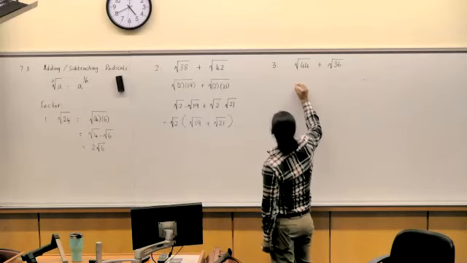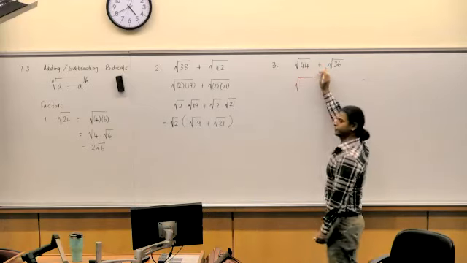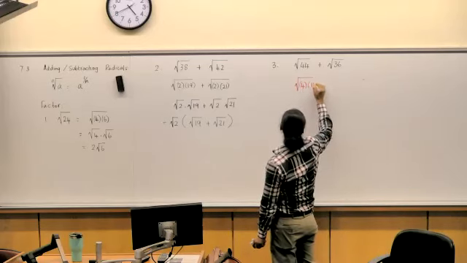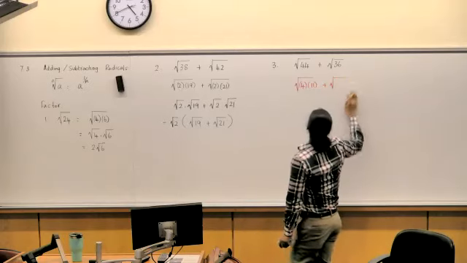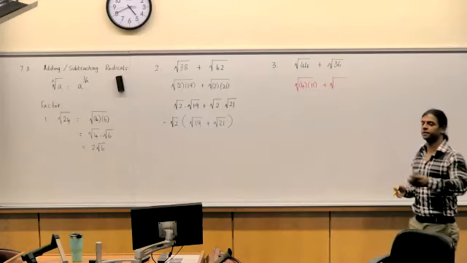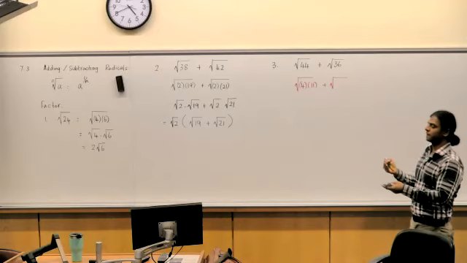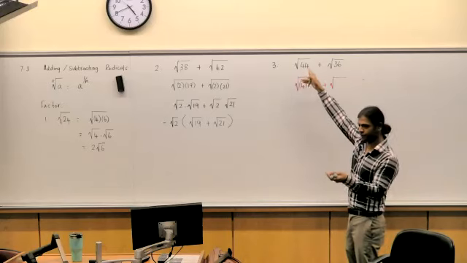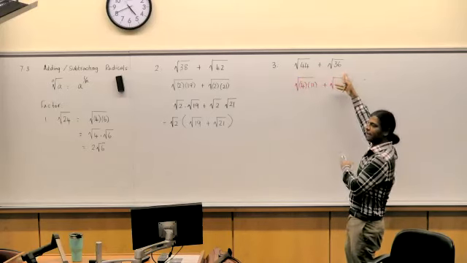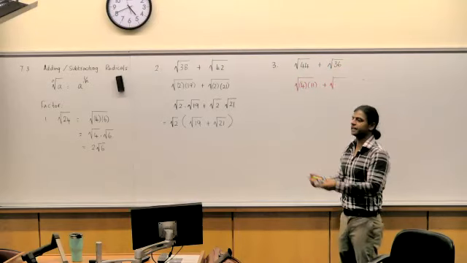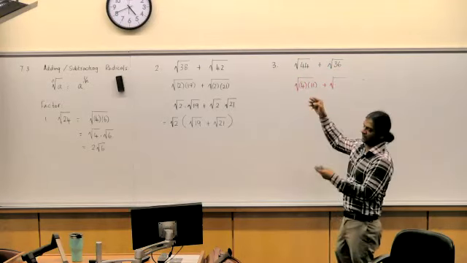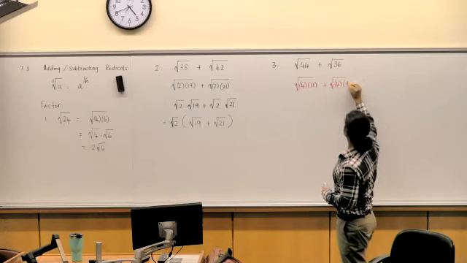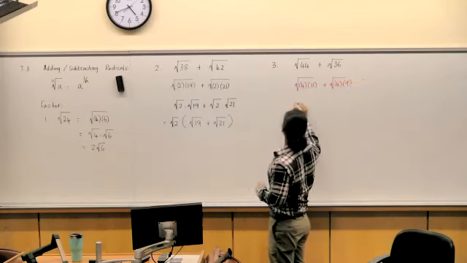So square root of 44, I could write it as 4 times 11. Anytime we try to factor, we are looking for common terms. The reason I wrote 4 here is because 4 is common between 44 and 36. So eventually it is going to result in a common factor because it is a common number inside the root. So 4 times 9.